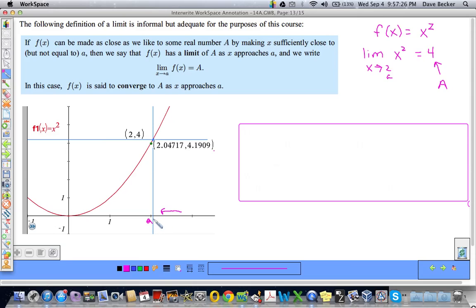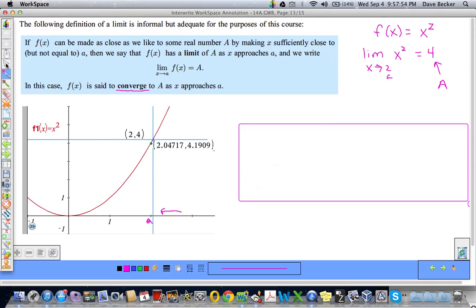In our case, it was 2. Then we say that f of x has a limit of capital A as x approaches little a. Capital A was 4, little a was 2. And we write the limit as x approaches little a of f of x is equal to capital A. In this case, f of x is said to converge to A as x approaches a.